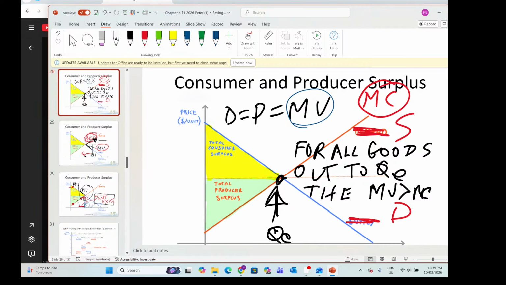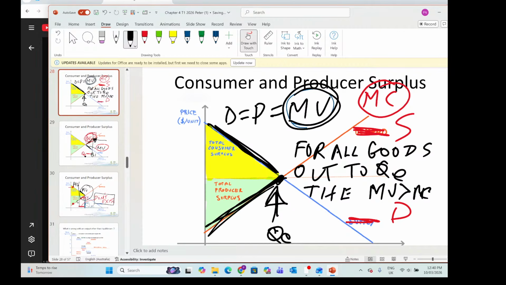We can see that at the equilibrium. Why is the equilibrium most efficient? Because at all levels of production out to the equilibrium, the marginal utility will be greater than the marginal cost.